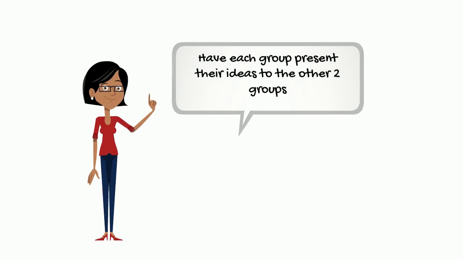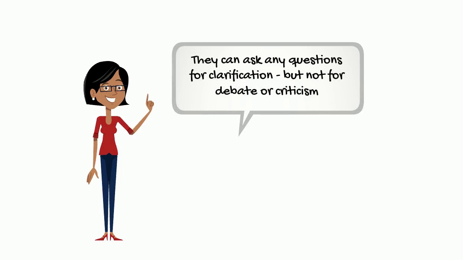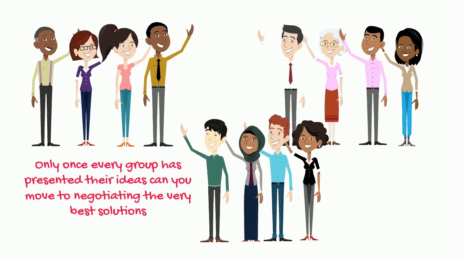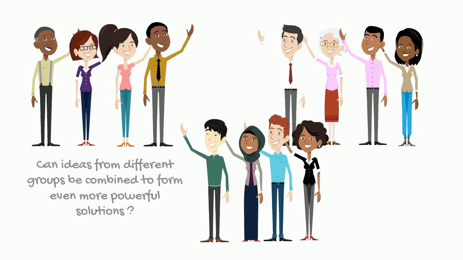Have each group present their ideas to the other 2 groups. They can ask any questions for clarification, but not for debate or criticism. Only once every group has presented their ideas can you move to negotiating the very best solutions. Can ideas from different groups be combined to form even more powerful solutions?